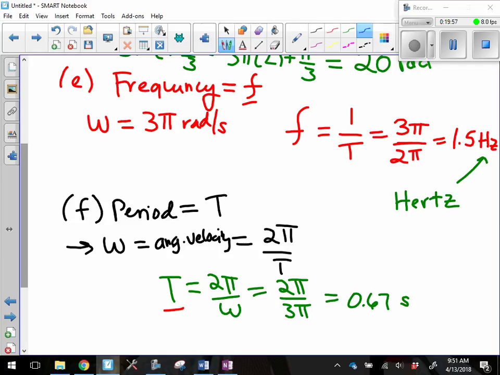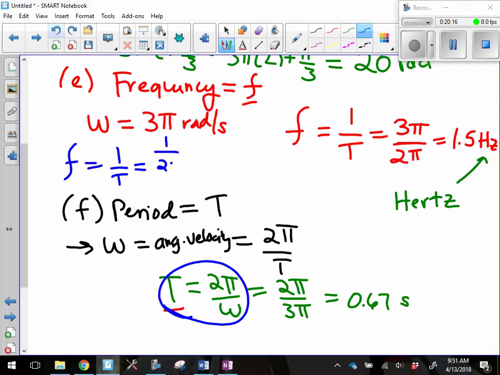Okay, so if we back up here a little bit, and I've still got f is 1 over, not pi, it's 1 over T, and T is equal to this. So this is 1 over 2 pi over omega, and a denominator of a denominator is a numerator.